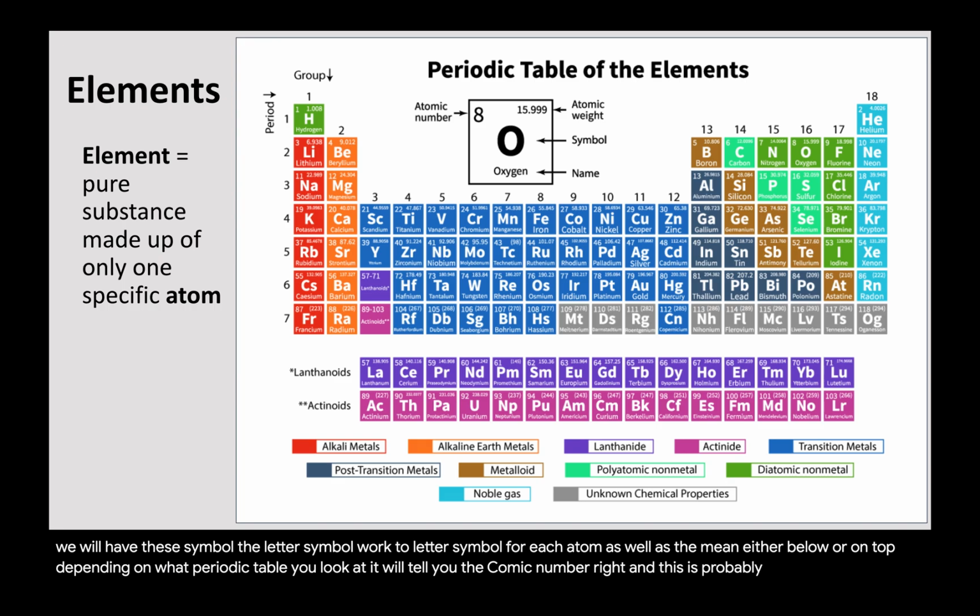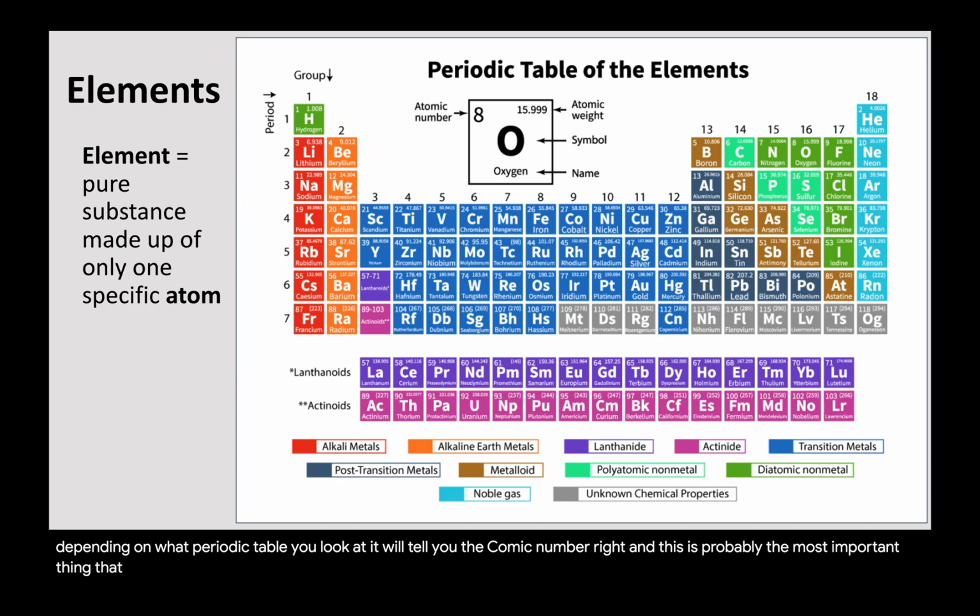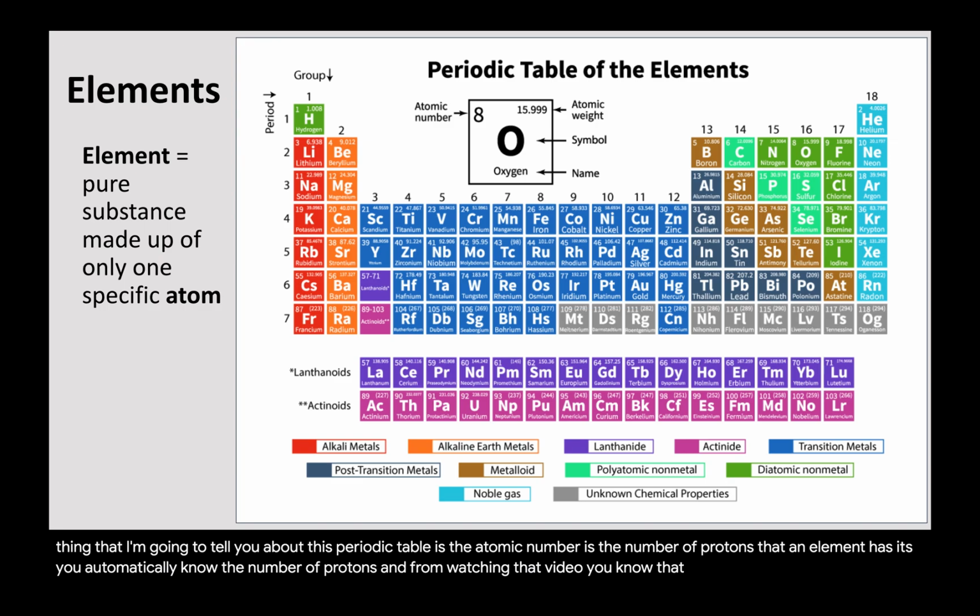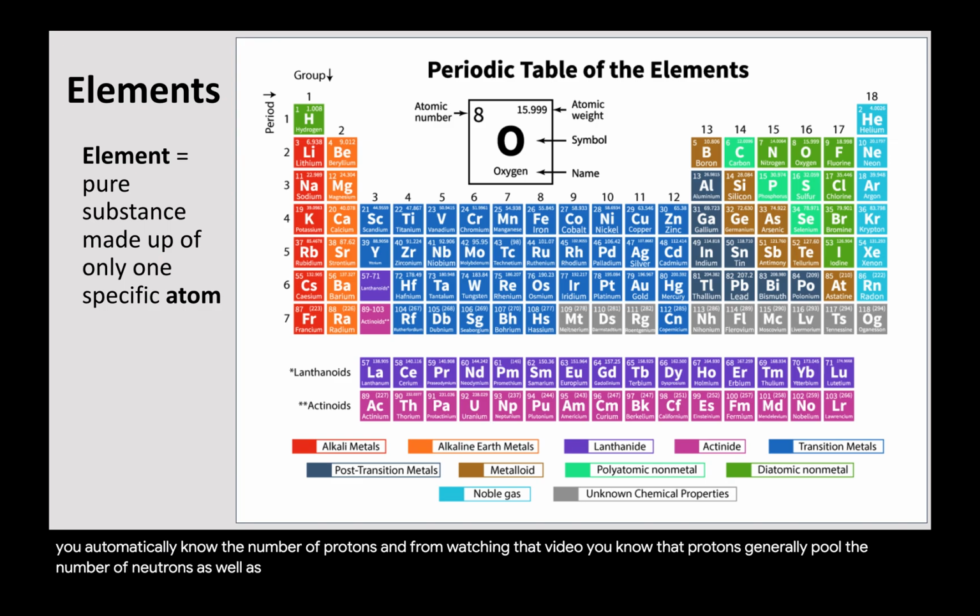And this is probably the most important thing that I'm going to tell you about this periodic table: the atomic number is the number of protons that an element has, right? So you automatically know the number of protons, and from watching that video, you know that protons generally equal the number of neutrons as well as electrons, though there can be some exceptions. But we know if we change that number, we're going to end up with a different element entirely.